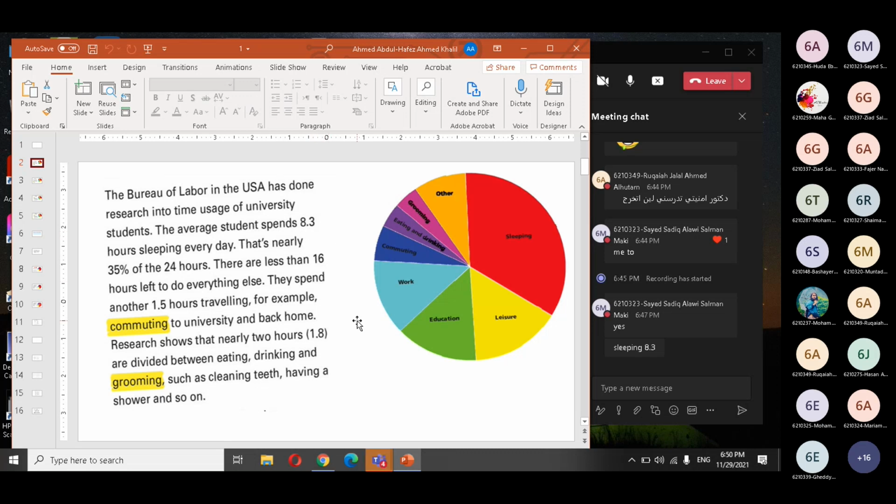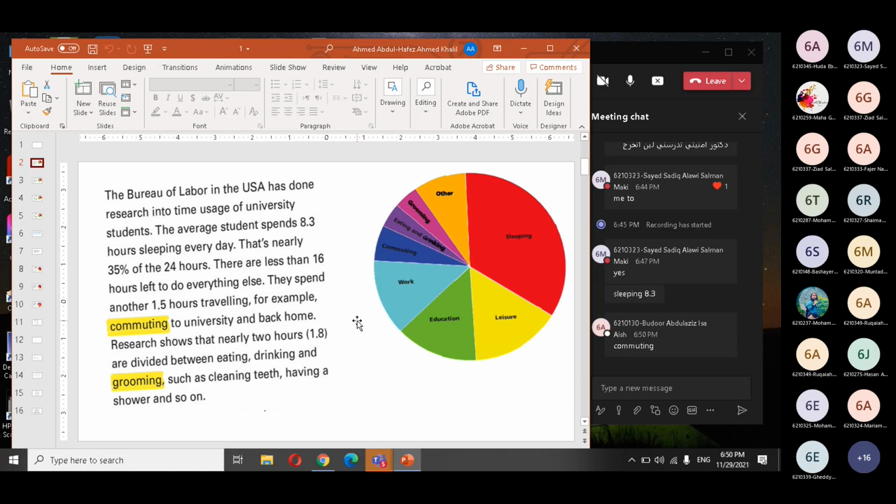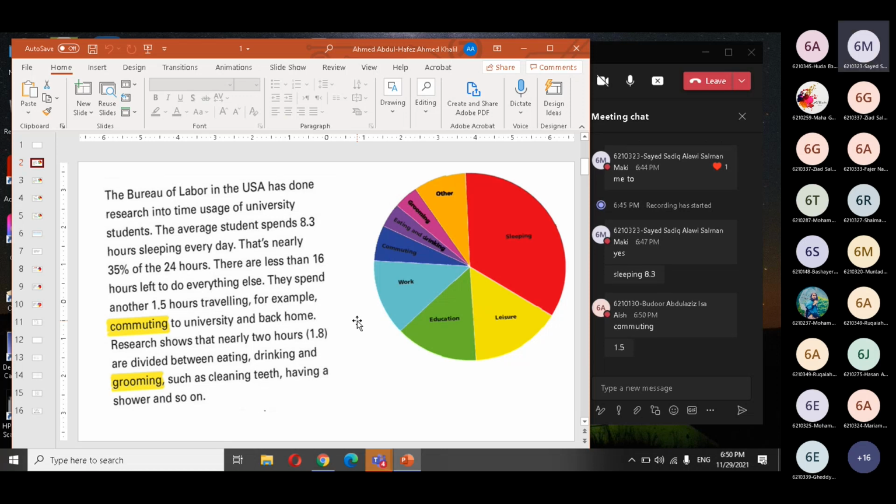Okay. What's the next? Traveling. Okay, traveling. What do we call traveling to work or back from work? Commuting. Yes, commuting. Okay. How much time for commuting? 1.5 hours.